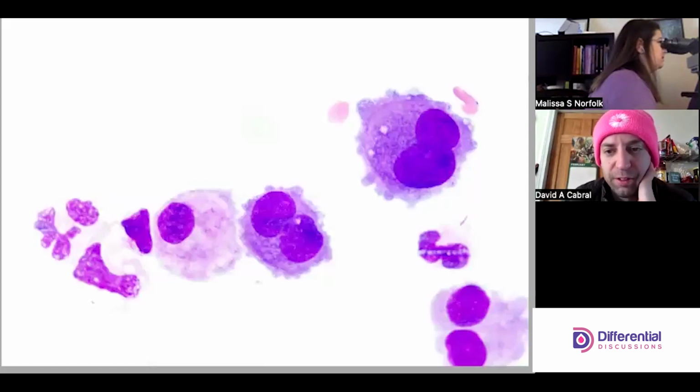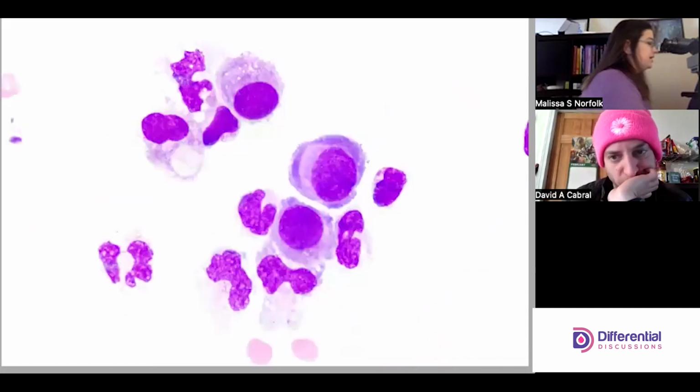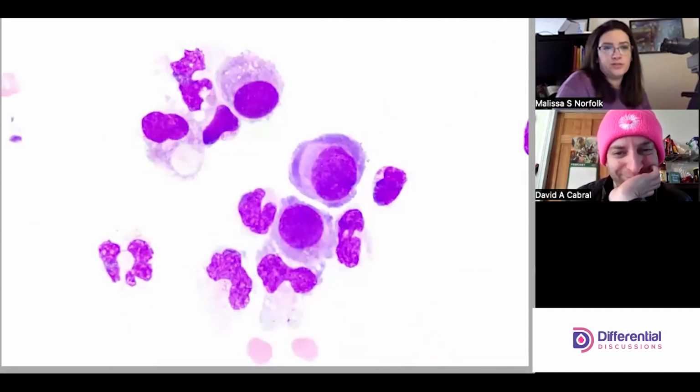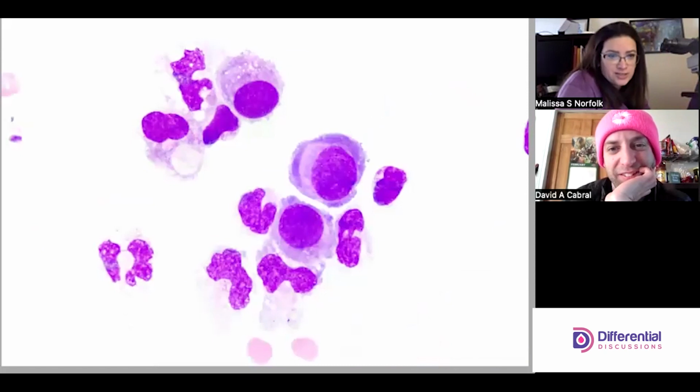I think the other thing that's important to note is that, like you said earlier, we've looked at a bunch of serous fluids, and throughout the different serous fluids, the mesothelial cells look slightly different from patient to patient. So you have to get acquainted with this patient's cells.